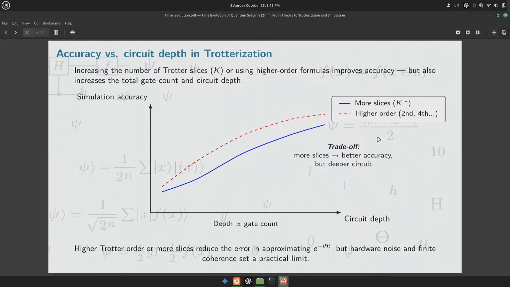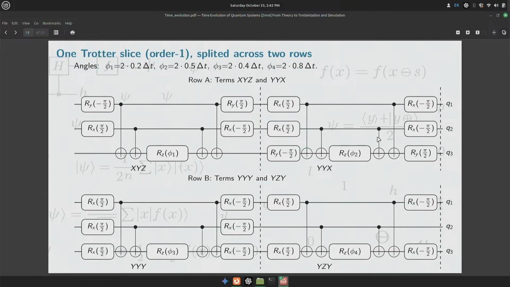Like in a Bell state, we put one H gate, some CNOT gate, some 1, 2 gates, right? But here you see, it's not only 1, 2 gates. You can see for only one slice, how many gates are here? 1, 2, 3, 4, 5, 6, 7, 8, 9. And 4 times 9 is how much? 36. And let's say I am running it for 500 slices. So how many gates will be there? 500 times 36. So you can imagine how many gates will be there.